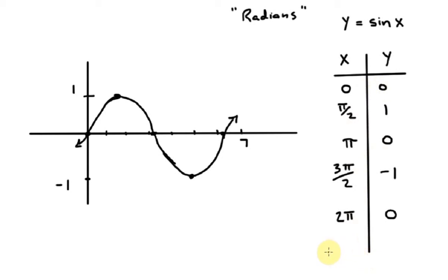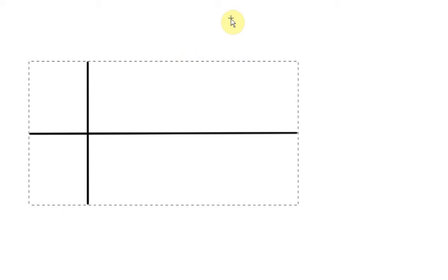Let me show you what cosine looks like, and instead of going through all of the trouble of building up a not so good table of values, I'm going to go right into the graph, and I'm going to mark the key points along the way. So again, for cosine, so we'll just label this. This is the cosine function.